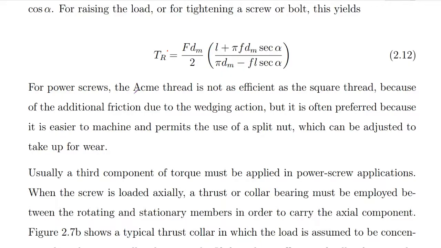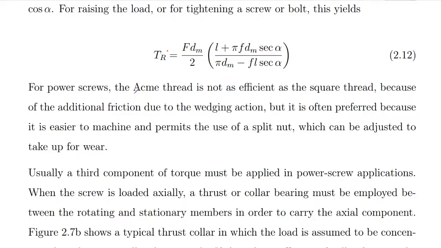So as you use the screw, wear may take place. But if it is a square thread and you are using a solid nut, which is not a split nut, if the wear takes place, you will end up with some loose contact. Okay, but in the case of a split nut, if there is wear that takes place, this nut can be adjusted to take up for that wear.